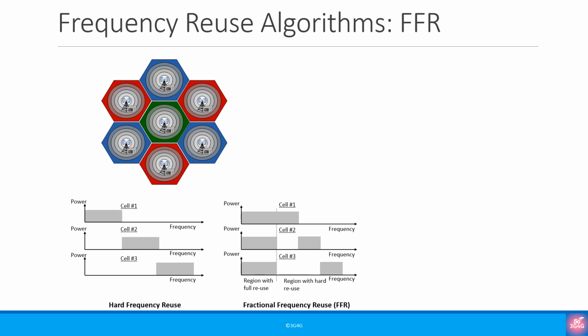One section of the system spectrum is used in all cells, while the other part is divided amongst different eNode Bs as in hard frequency reuse. The idea is that the eNode B would assign the fully reused frequency chunks to center cell UEs and the other chunks to cell edge UEs.